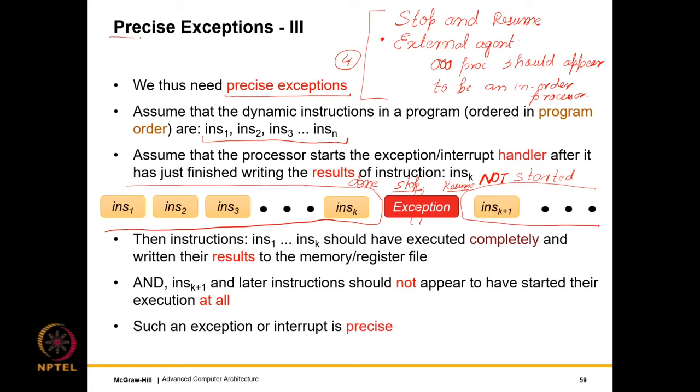So this notion is known as a precise exception, and almost all out of order processors as of today provide the notion of precise exceptions, which essentially means the same things, which are all equivalent: outsiders will see an in order execution.